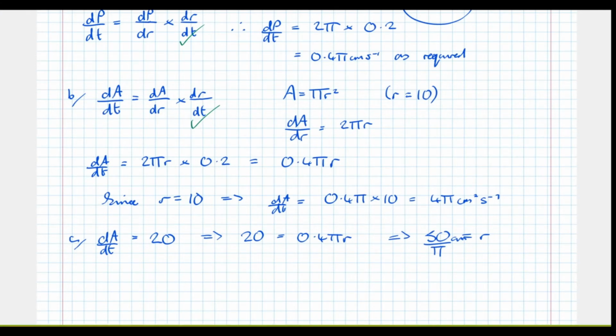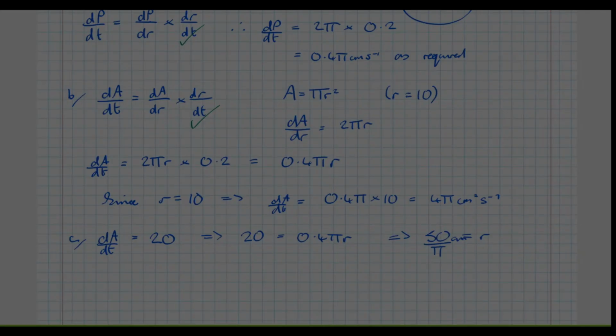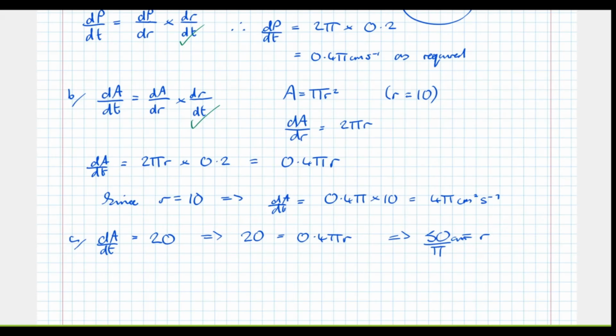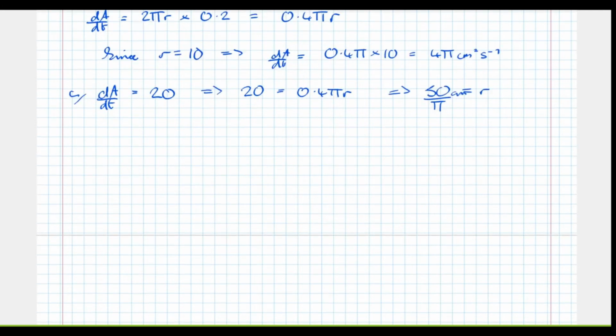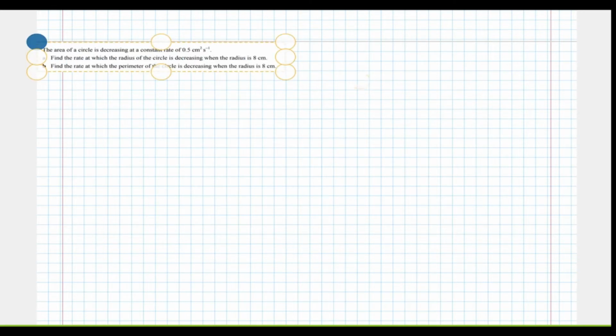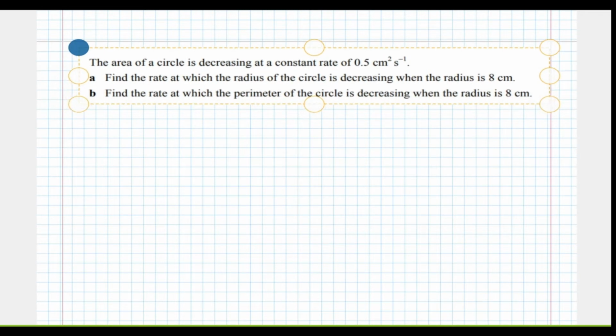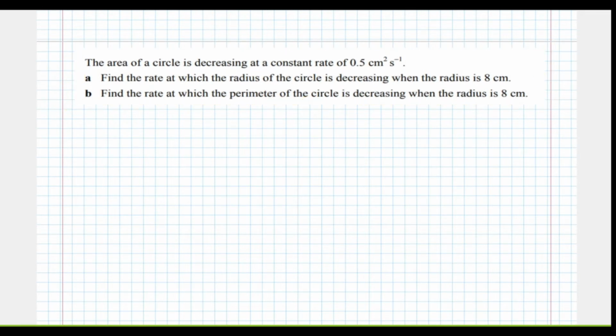Let's try another. Remember, the key is writing down all the information you're given as it appears. So try to get in that habit here. Have a go at that yourself.